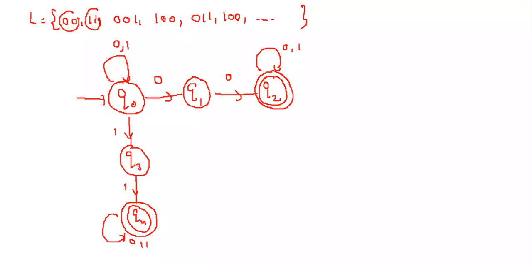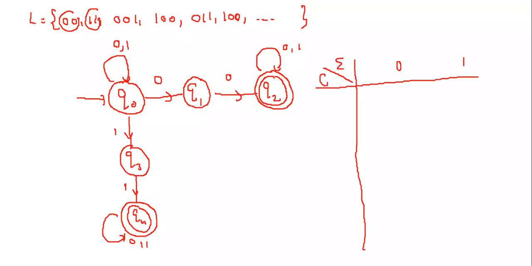Now, if you draw the transition table for this, it is here. The input symbols are 0 and 1. Here this is sigma. What are our states? Q0, Q1, Q2, Q3, Q4.